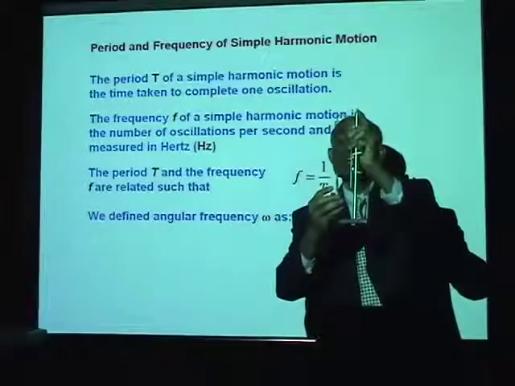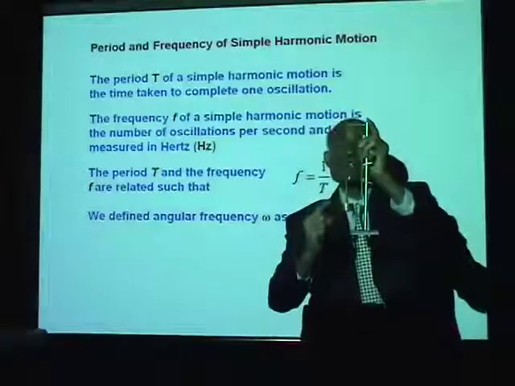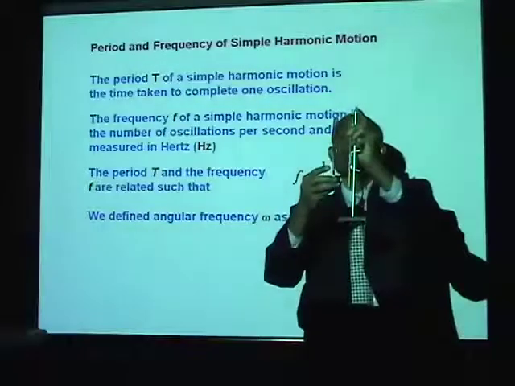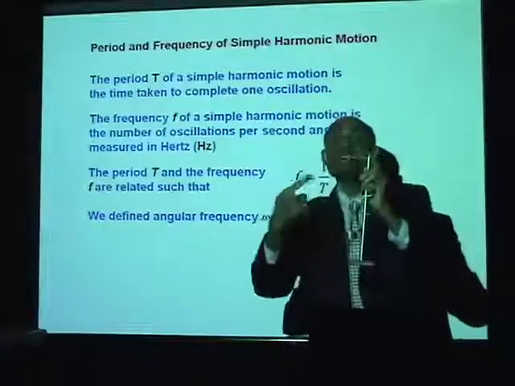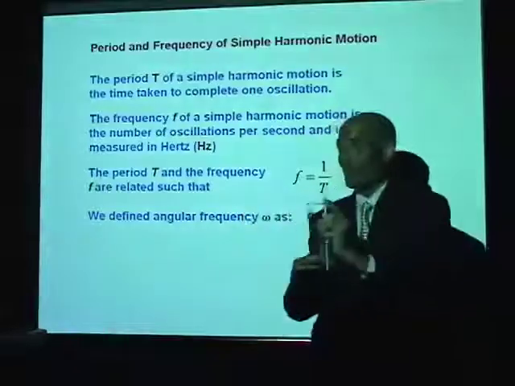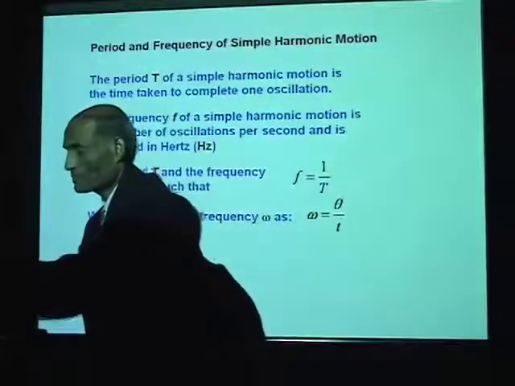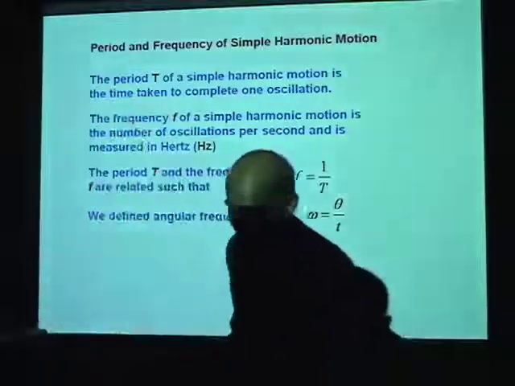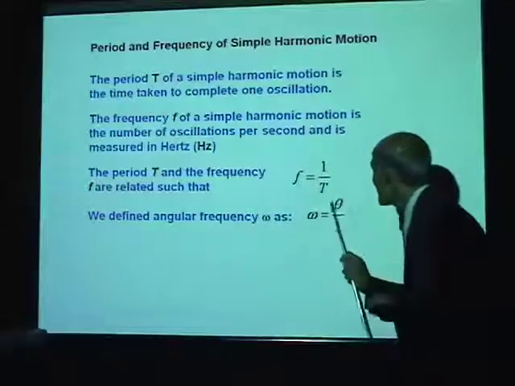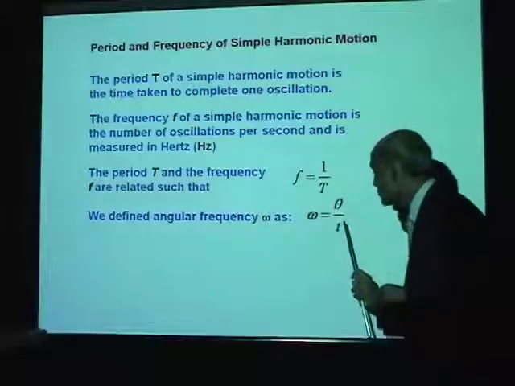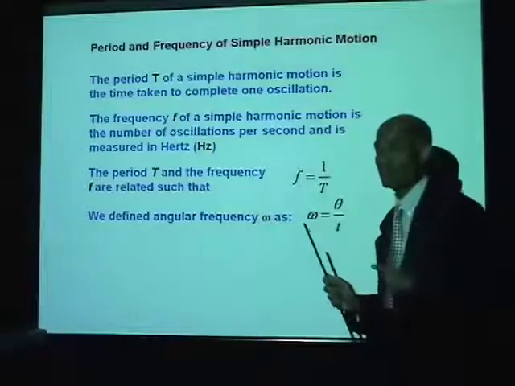That means during the time the angle changes by 2 pi, the time taken is 1 period. What does that mean? It means when this theta is 2 pi, this t will be 1 period.